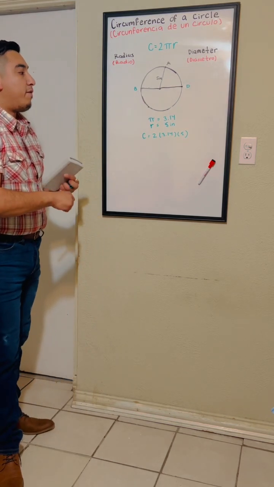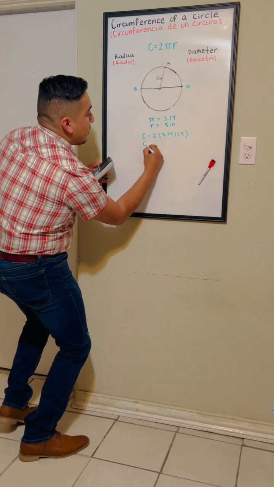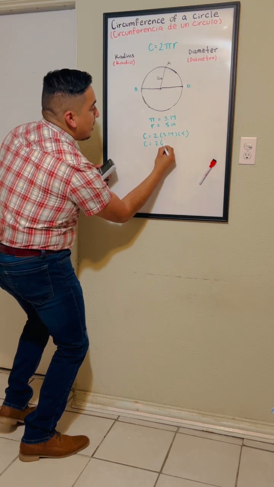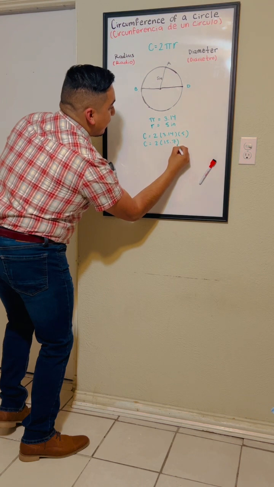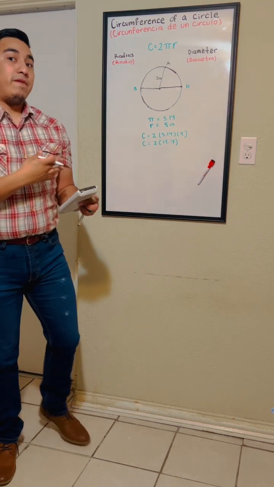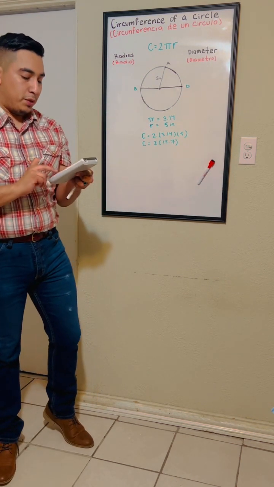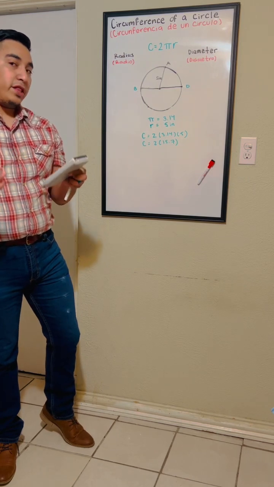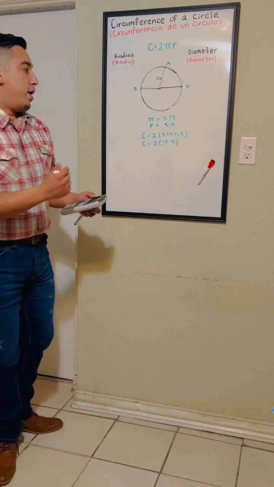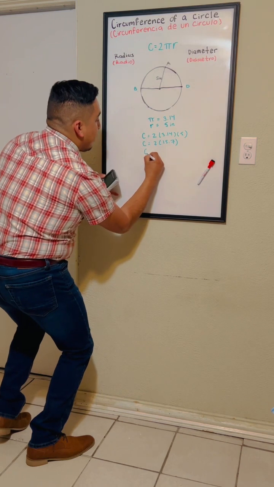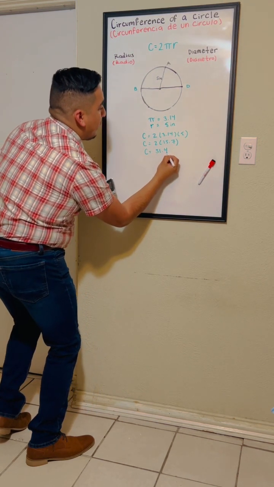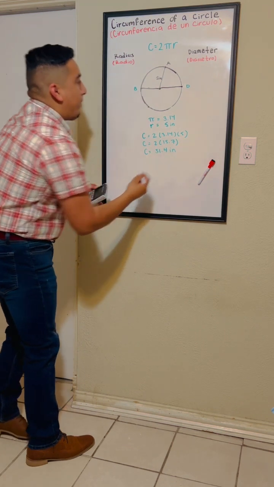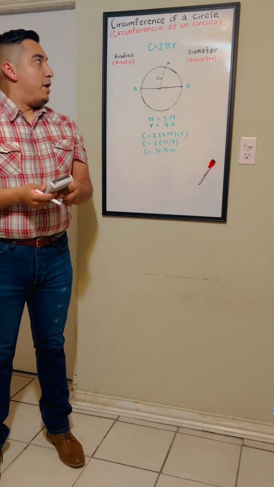Now we have circumference is equal to 2 times 15.7. And then we multiply 15.7 times 2, and we get 31.4. So circumference is equal to 31.4 inches. Any questions?